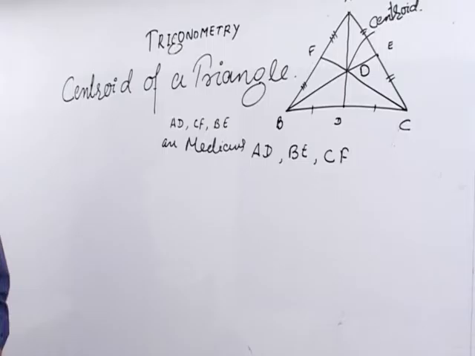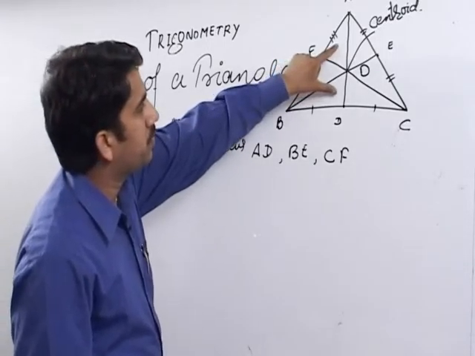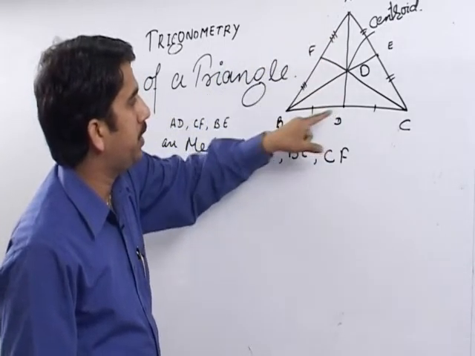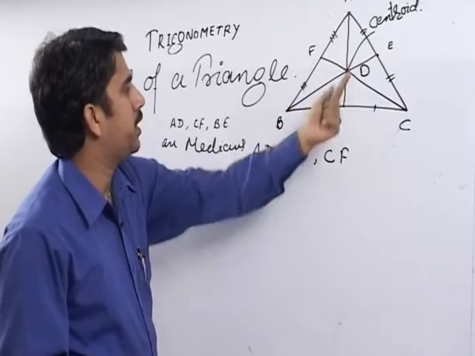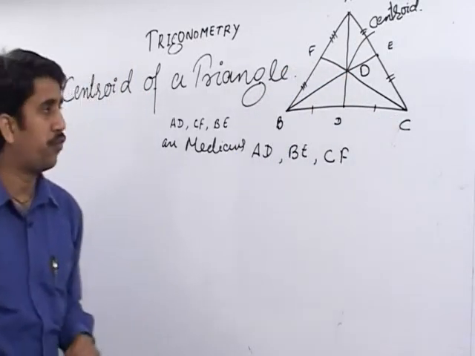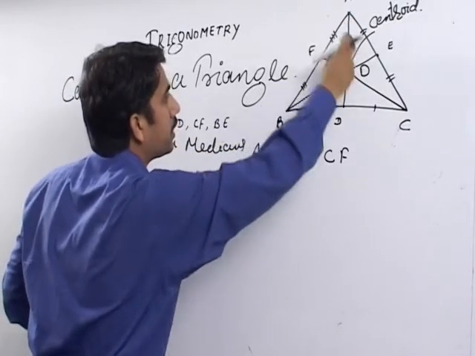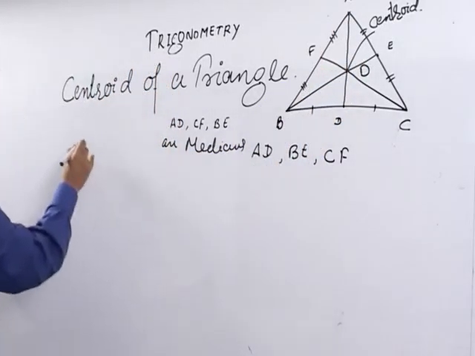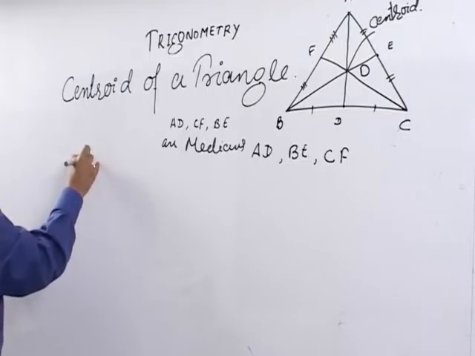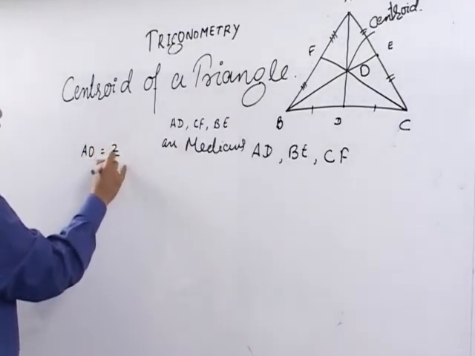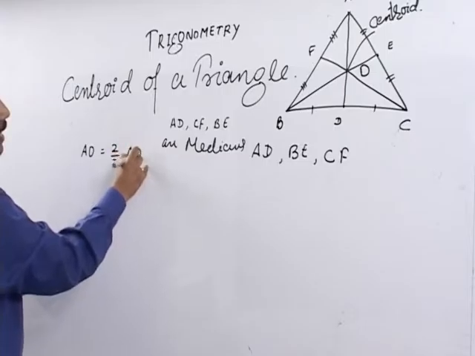Now we will find the length of these medians AD, BE and CF. Before that, I would like to tell you one thing: distance AO is equal to 2/3 of distance AD.